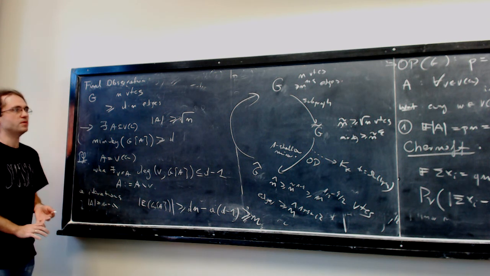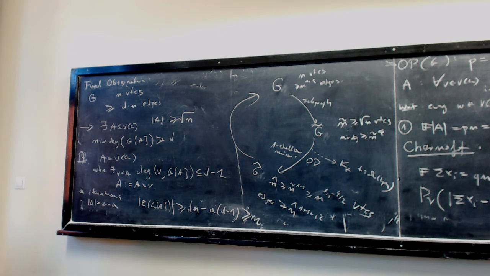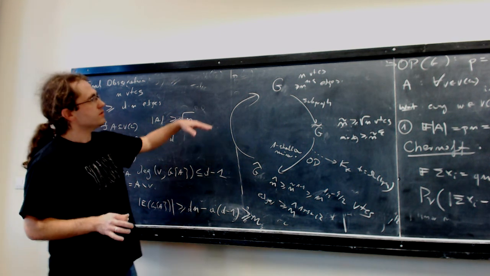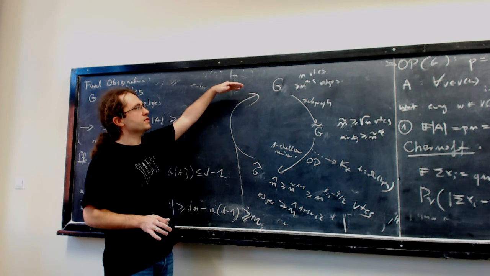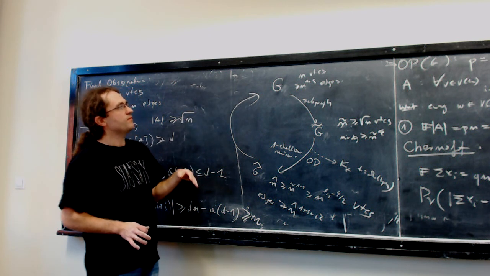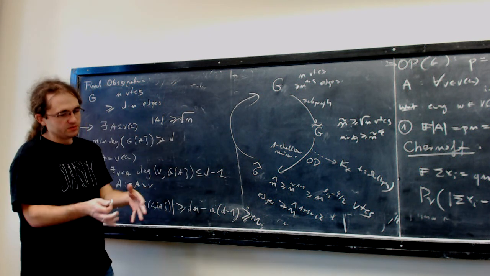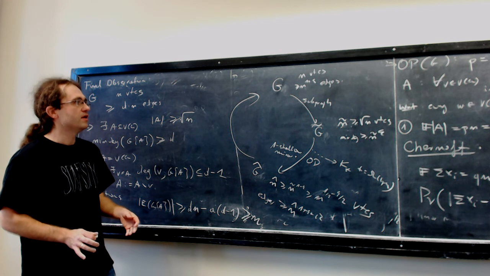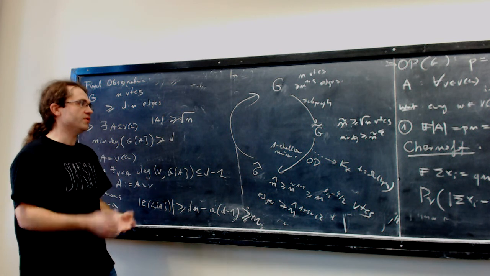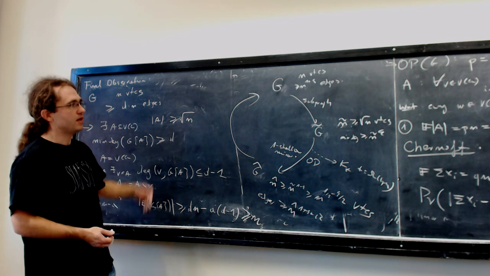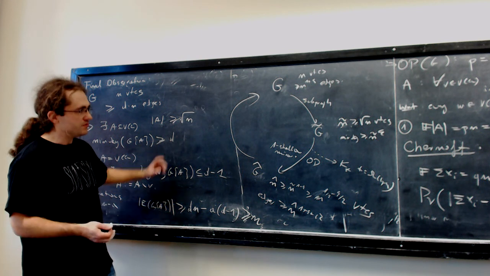Just to repeat what we are doing: we have our graph, which has got a lot of edges. We first shrink to root n size, swapping the average degree for minimum degree using a simple counting argument. This is not something sophisticated.